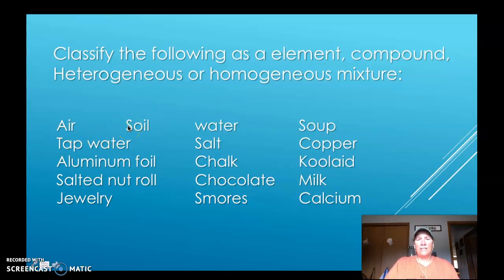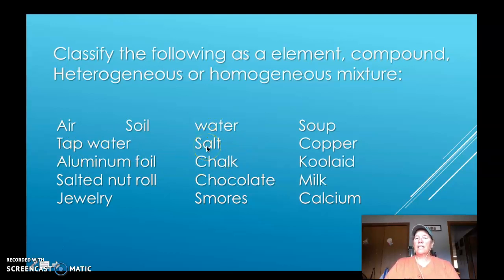Soil, you can definitely see different parts, so that would be a heterogeneous mixture. Water, well, if it's pure water, it's a compound. If it's tap water, I should have been more specific. Sorry, guys. If it's tap water, it would be a solution, okay? Soup, unless it's broth, is going to be a heterogeneous mixture because you can have different stuff in there. Oh, here I have tap water, so I guess this must be pure water. This is a compound. This is a mixture, okay?